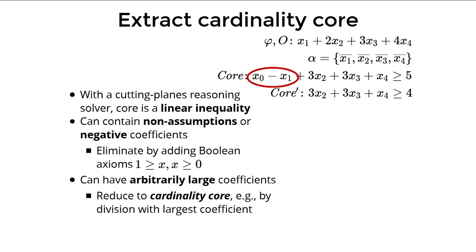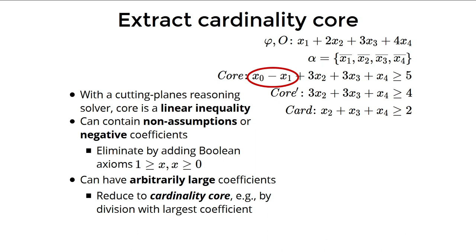To remedy this, we reduce all the coefficients in the core to 1, by dividing by the largest coefficient and rounding up all fractional values. As linear constraints with coefficients 1 are called cardinality constraints, we call the resulting core the cardinality core.